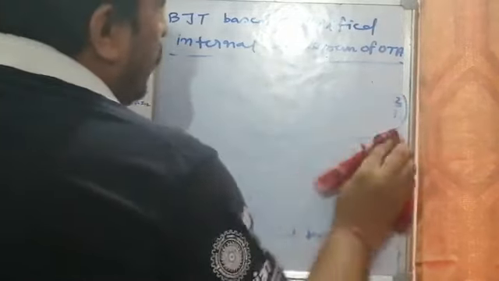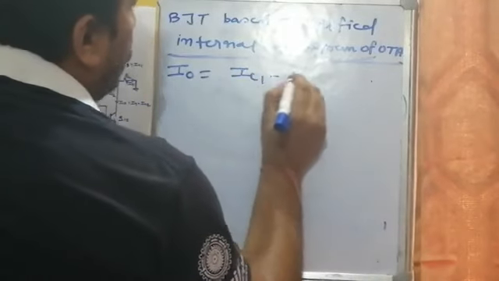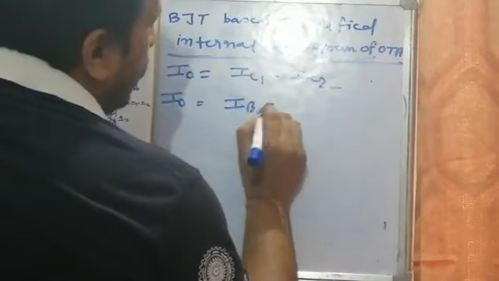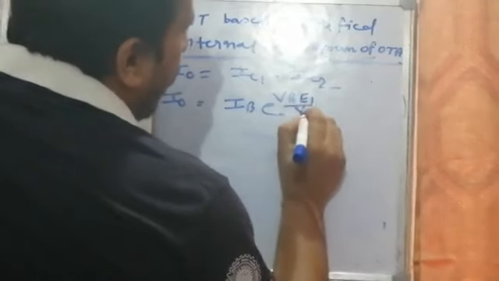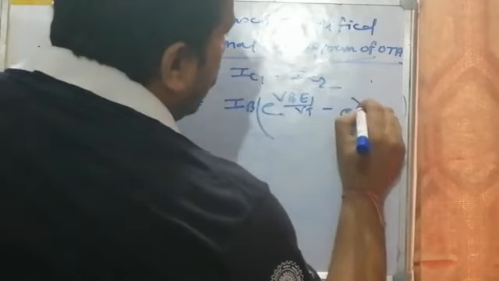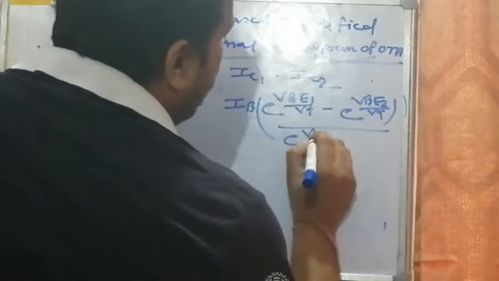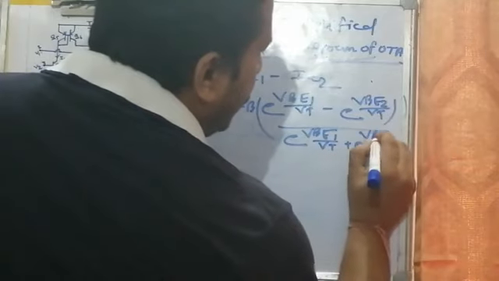So here I am writing I0 equal to IC1 minus IC2, this is equation 2, and I0 equals IB times e to the power VBE1 by VT minus e to the power VBE2 by VT, divided by e to the power VBE1 by VT plus e to the power VBE2 by VT.